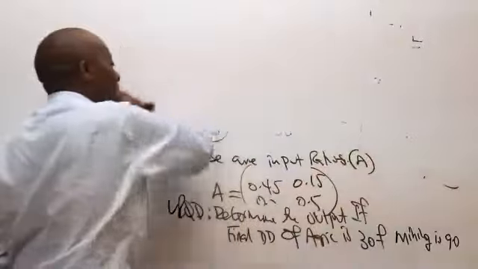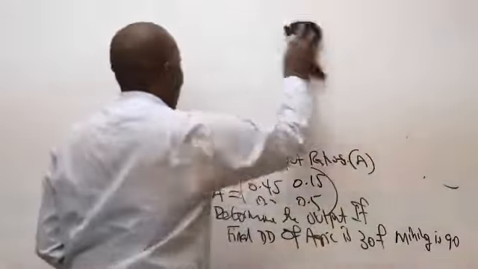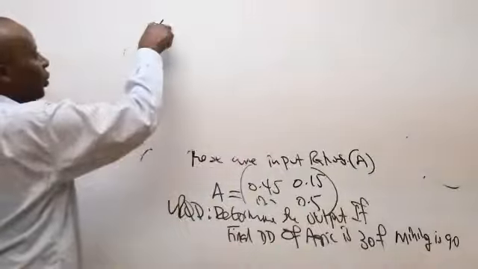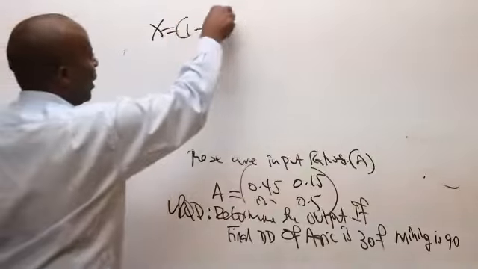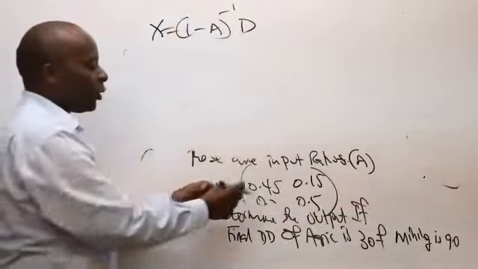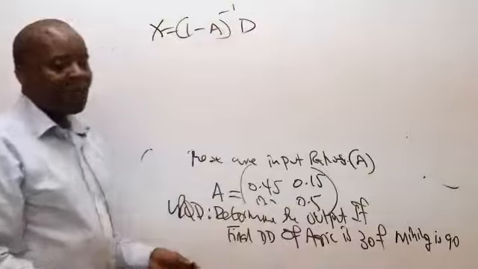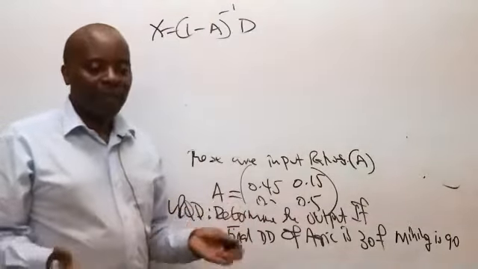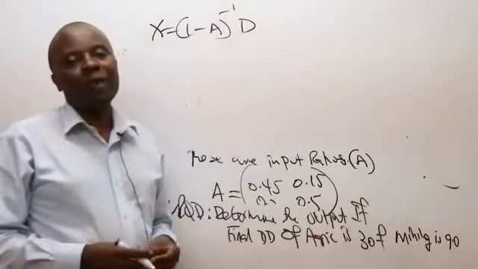Now I need to remember the Leontief inverse model, which tells me that x should be equal to (I minus A) inverse times D. Then you go through the entire process that I've just shown you a few minutes ago.